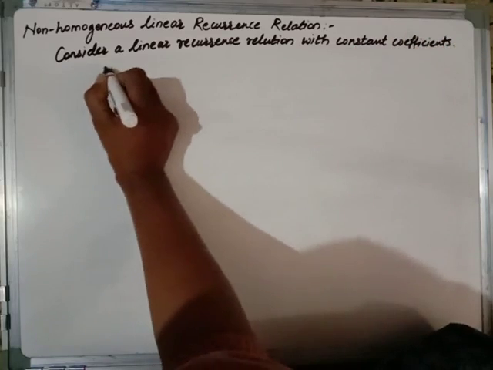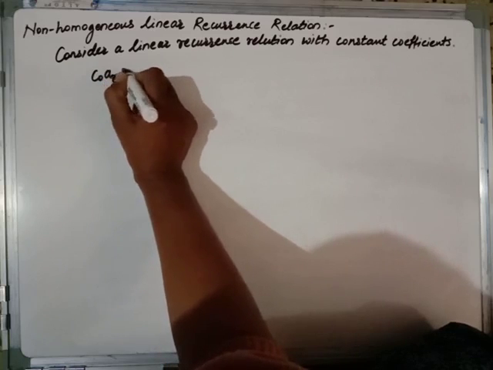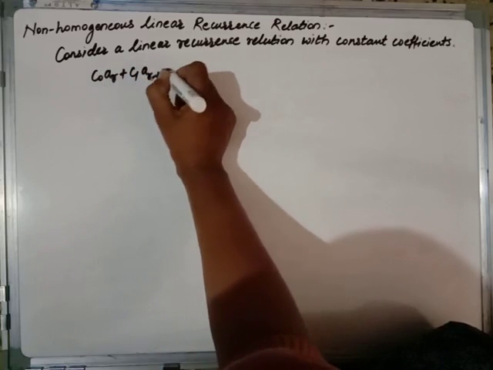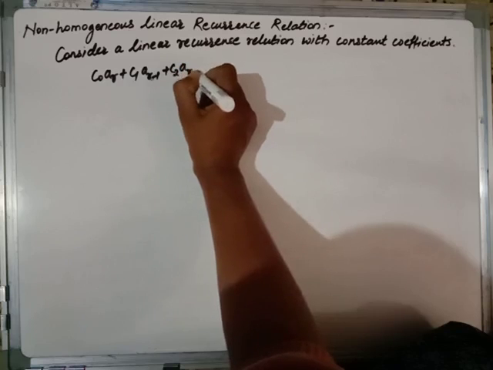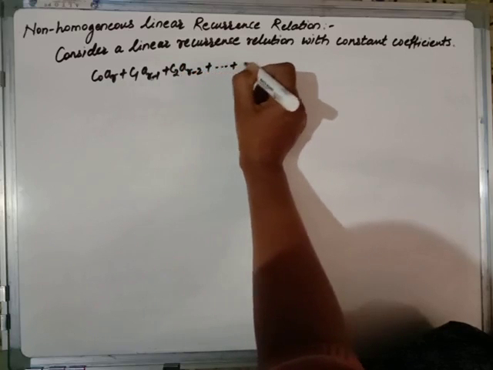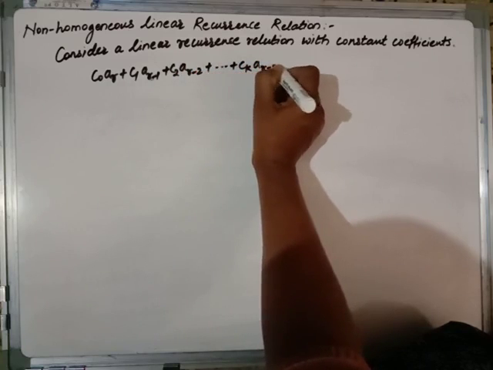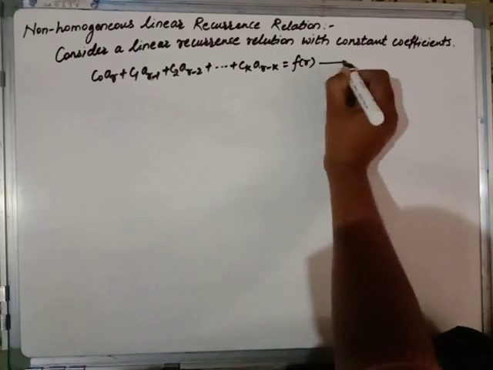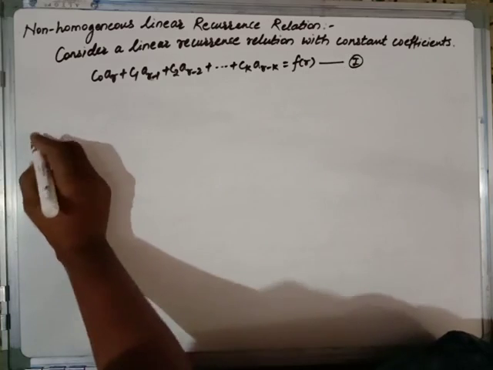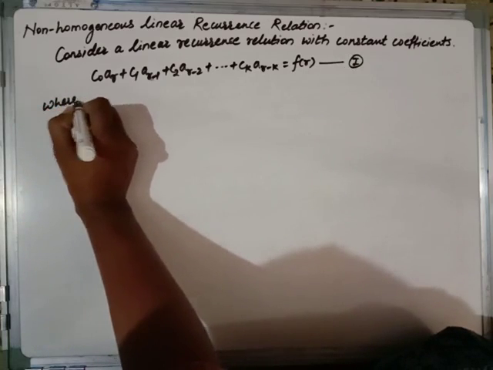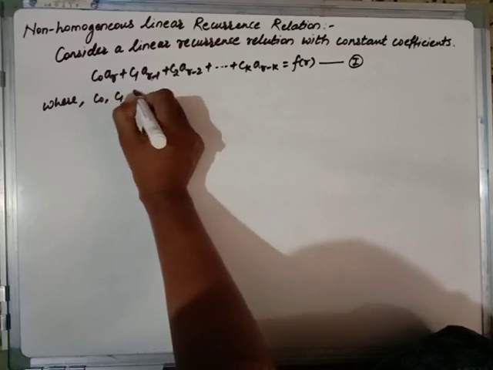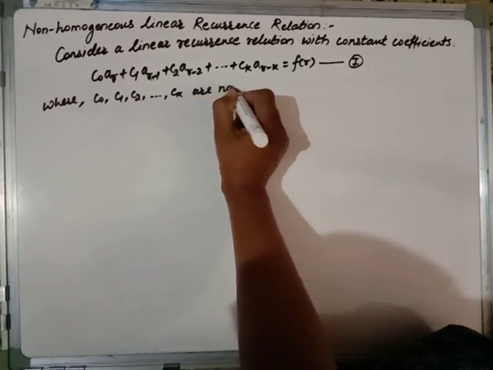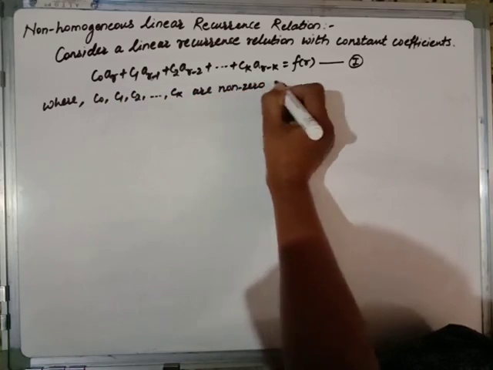Let it be C0 a_r plus C1 a_(r-1) plus C2 a_(r-2) and so on up to Ck a_(r-k) is equal to f(r). Let it be equation 1, where C0, C1, C2 and so on up to Ck are non-zero real constants.